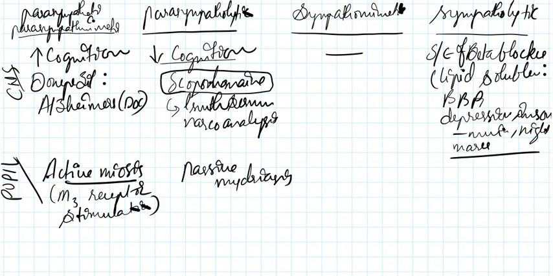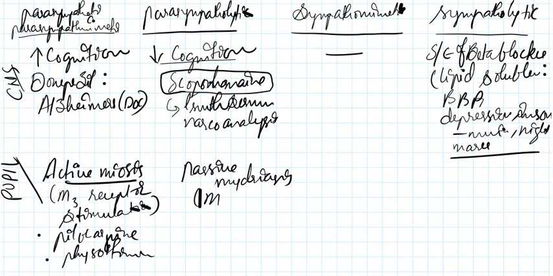Examples of drugs causing active miosis are pilocarpine and physostigmine. Now, passive mydriasis is seen in the action of parasympatholytic drugs. They cause passive mydriasis due to M3 receptor blockade.